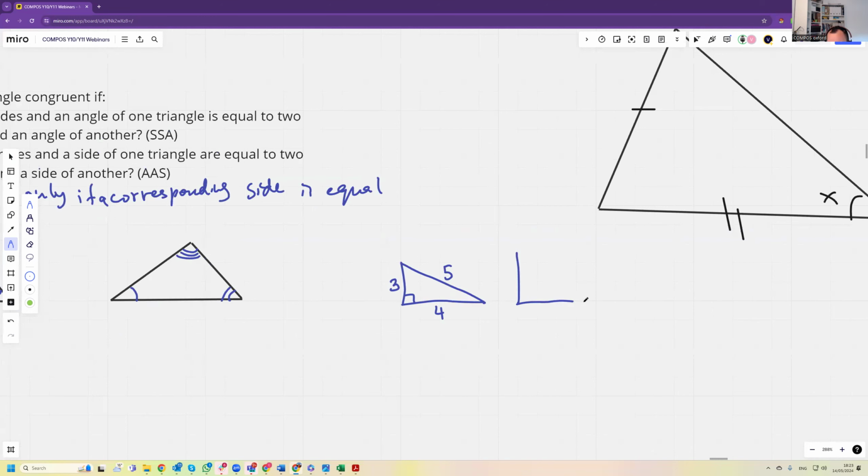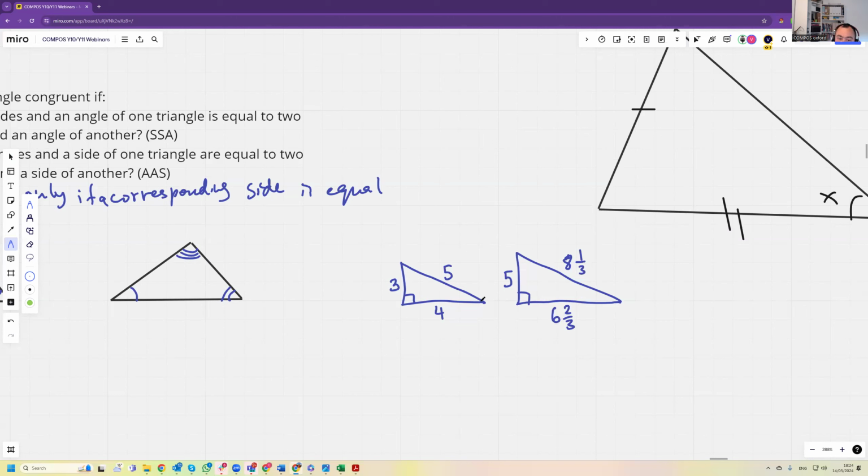And another triangle: 5, 25 thirds, 8 and a third, and 4, 20 thirds, 6 and 2 thirds.